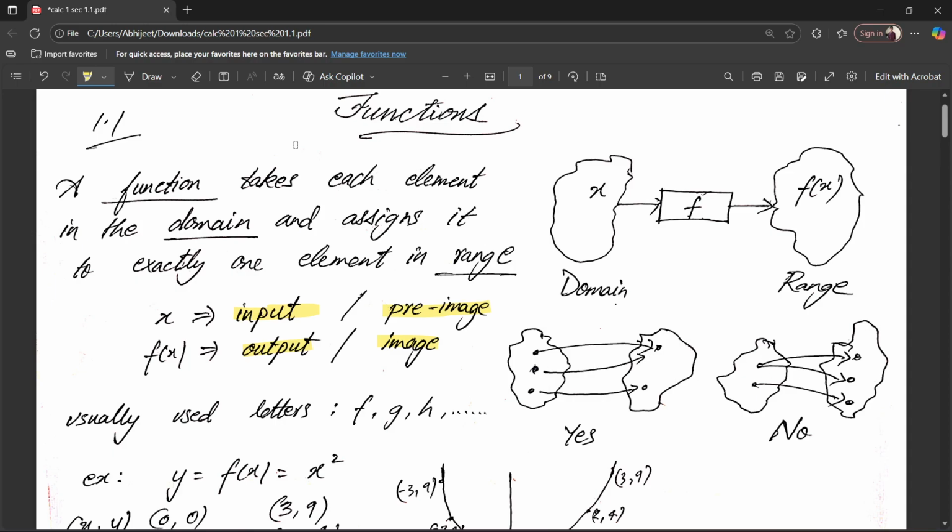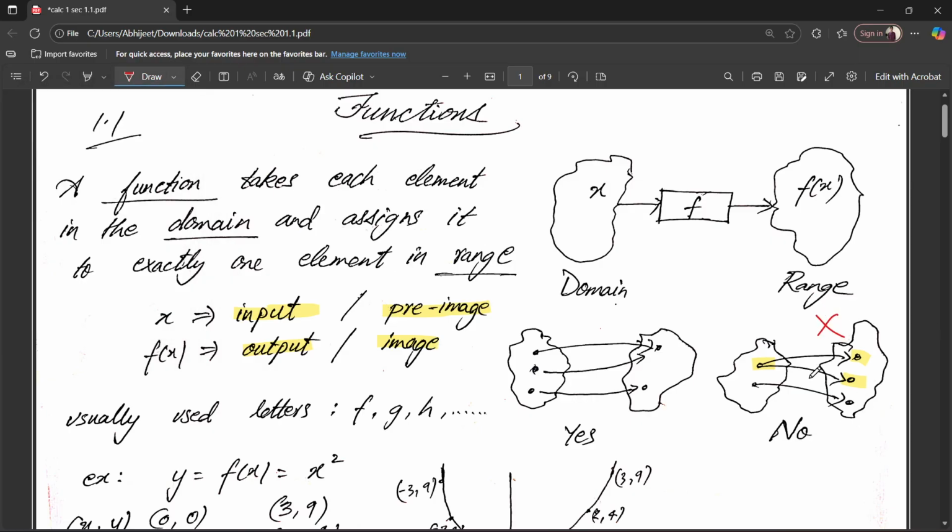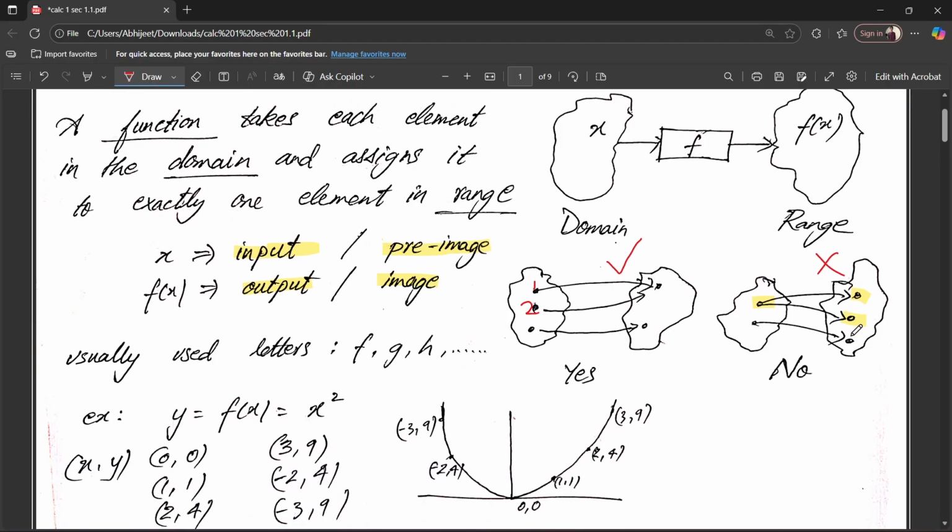You cannot say, I throw in something and the function is going to give me two different things. That doesn't work, so that's not a function. One input can only have one output. Now, two different inputs can have the same output, like the first one and the second one giving the same output. That can happen, but the other cannot.